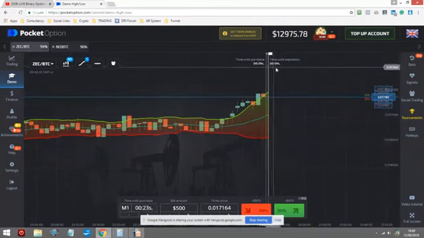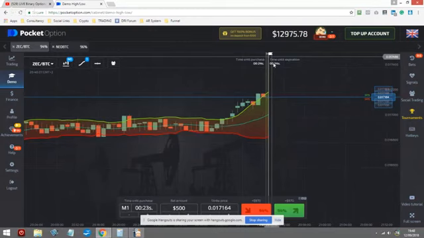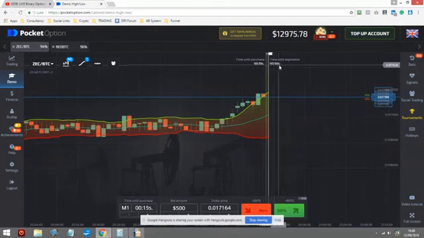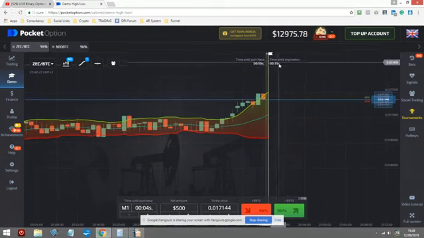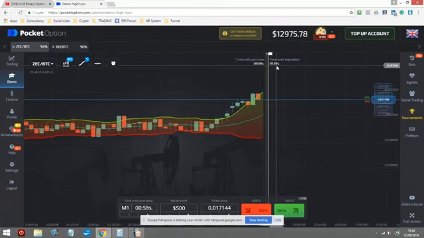It'll go down to 30 seconds, and then it'll go to 1 minute 29 seconds, and then down from 29 to 0. What we want to do is wait until that timer gets down to something like 1 minute 0.5, so about 5 seconds, 4 seconds, 3 seconds, and that's when we're going to be placing our trades.